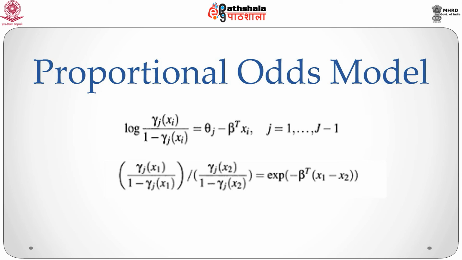It is called the proportional odds model because the relative odds for the event of y less than or equal to j comparing x1 and x2 are given by gamma j x1 over 1 minus gamma j x1 divided by gamma j x2 over 1 minus gamma j x2, which is exponential of minus beta prime (x1 minus x2). So this is proportional to the difference between x1 and x2 and does not depend on j.